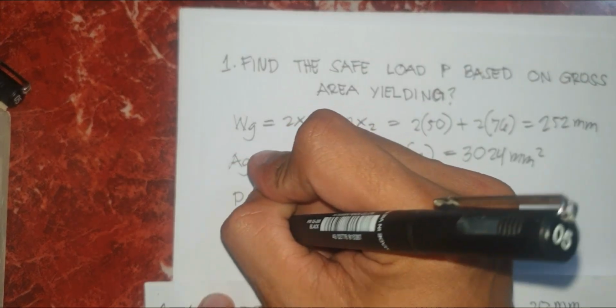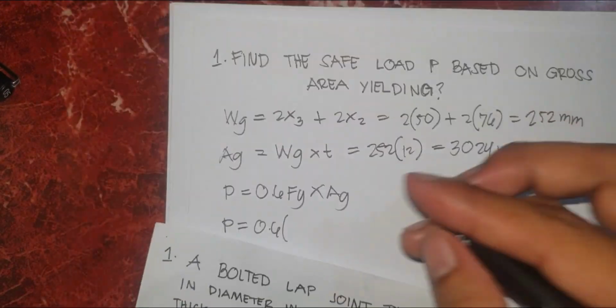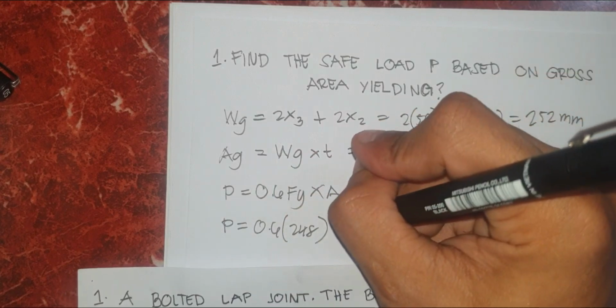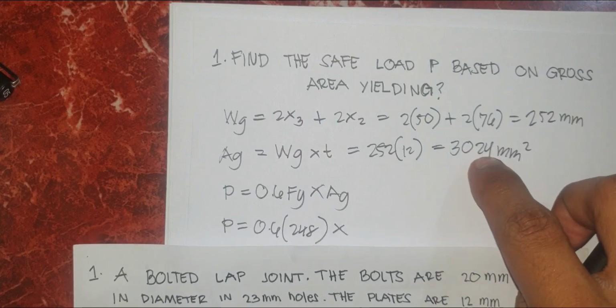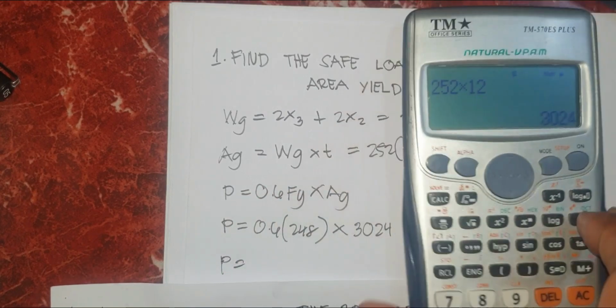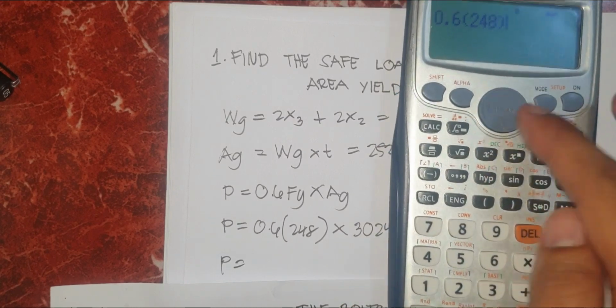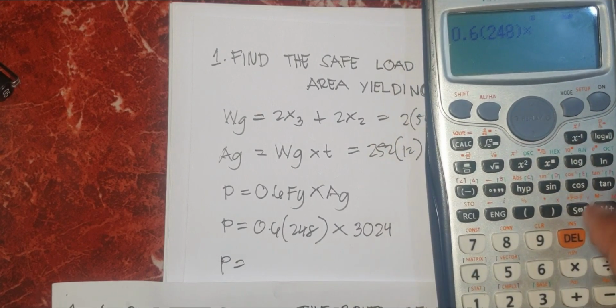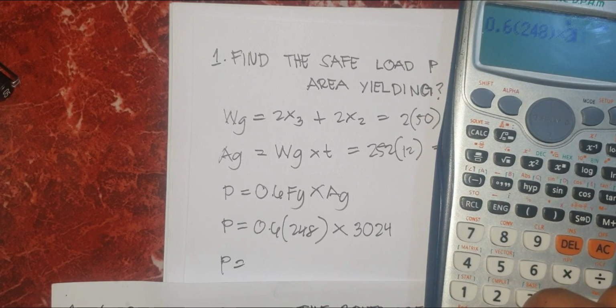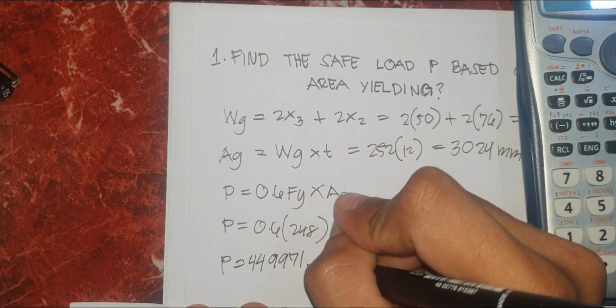Fy is 248 and AG is 3024. So P equals 0.6 times 248 times 3024, which is 449,971.2 Newton.